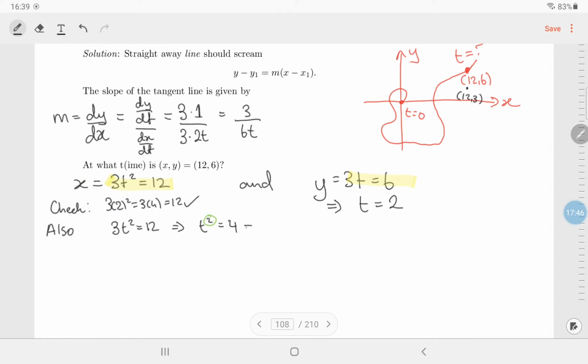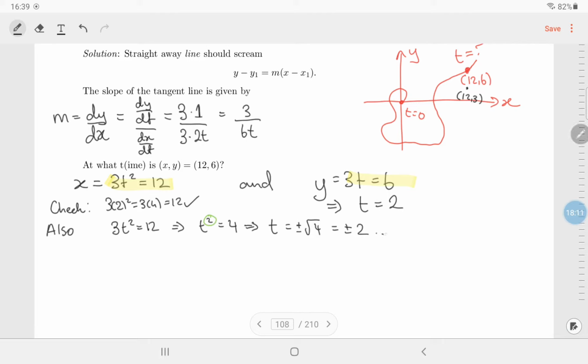You can take the square root of both sides, but you have to remember there are two solutions, plus or minus, so plus or minus 2. And then when you look at the y, plus 2 works, but minus 2 does not. But if it was 3t equal to minus 6, you would have needed the minus 2, but it's not. So it doesn't really matter.